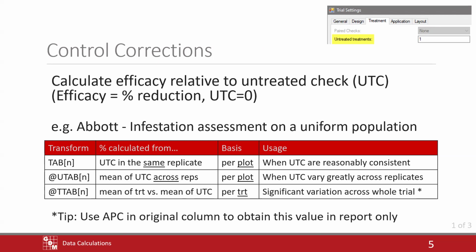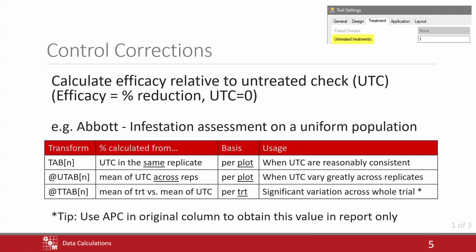The default, the beginner level, if you will, is this first option, the regular Abbott's, as we'll call it, which has the action code of TAB for transformation of Abbott's. The idea with that calculation is you stay within the same replicate.